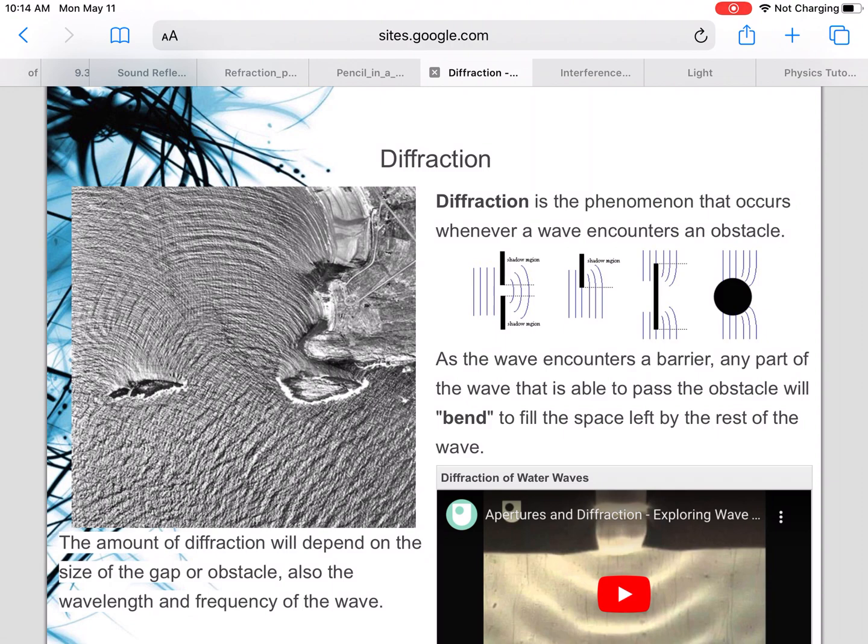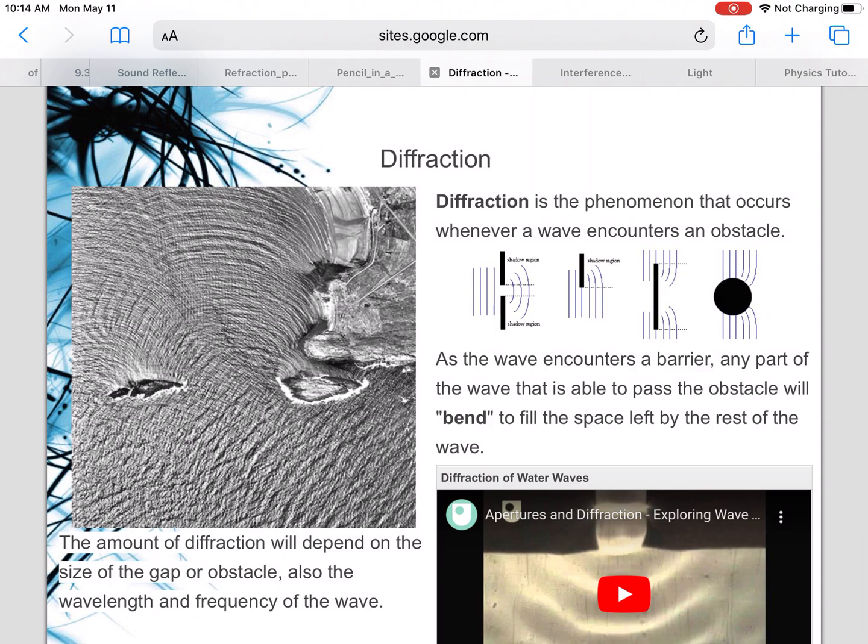Now, if you look at the left side of that image, you can see that there's another gap, and the waves that bend on the left side towards the right interfere with the ones that have been generated from the diffraction of the middle gap. So the diffracted waves generated from the left gap interfere with the diffracted waves generated by the middle gap.